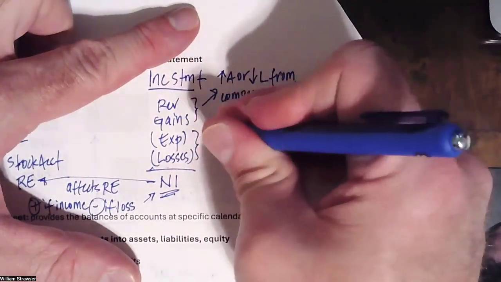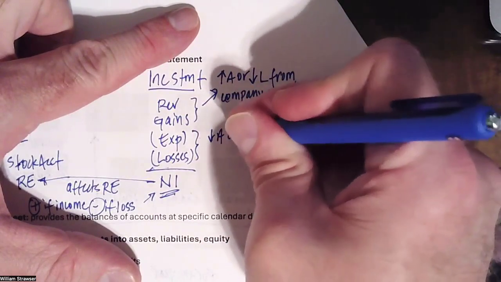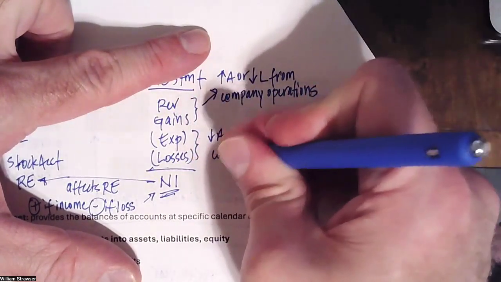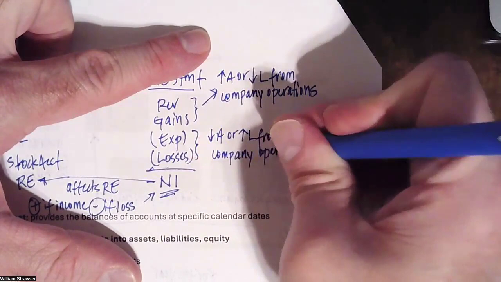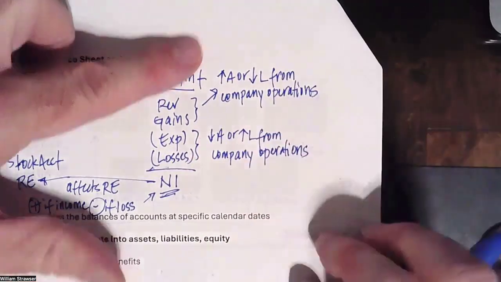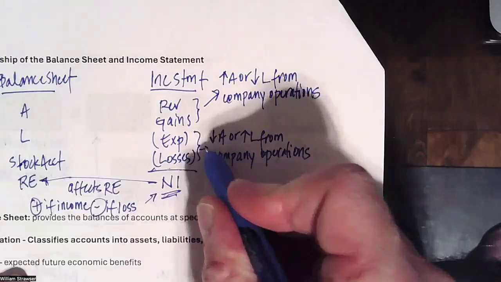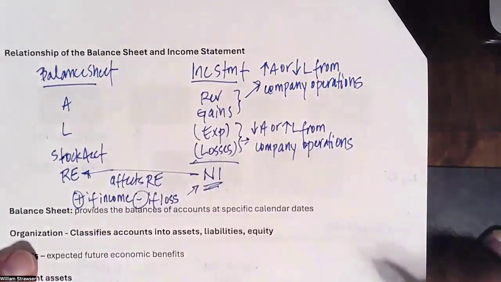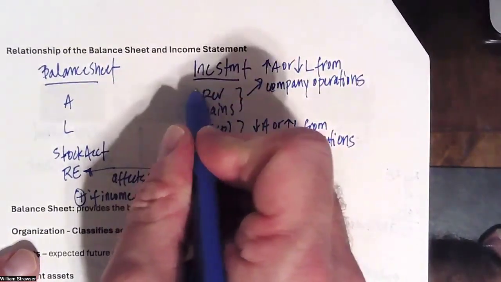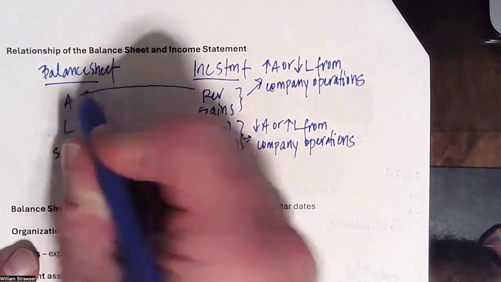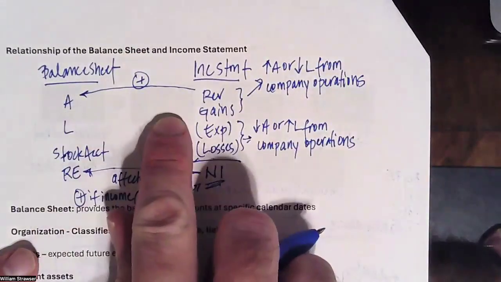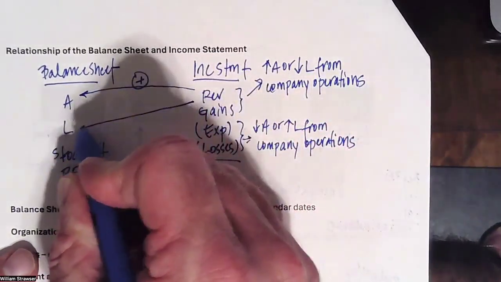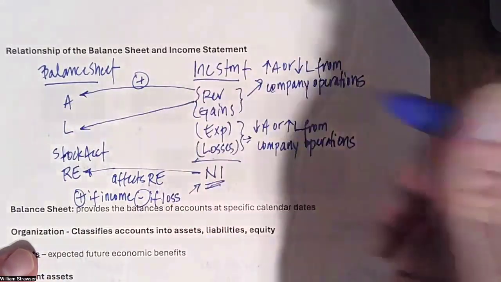They are reductions to assets or increases to liabilities from company operations. Got to have those definitions down. That is part of the importance of the first chapter. And it shows me then that anytime I recognize a revenue or a gain, there will either be an increase to an asset or a reduction to a liability. And that's true for both revenues and gains.